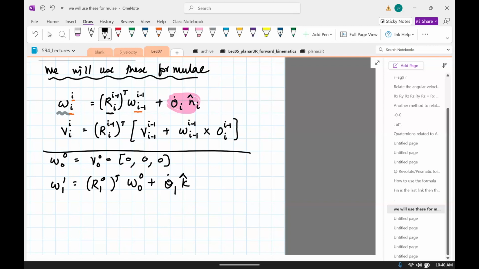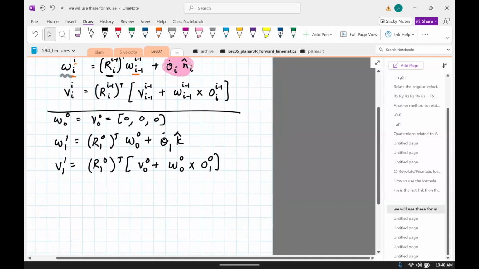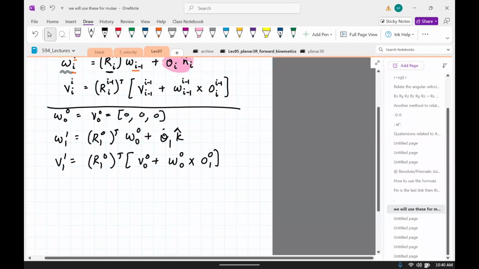And then V11 is R10 transpose times P00 plus omega 0,0 crossed with position of frame 1 with respect to 0.